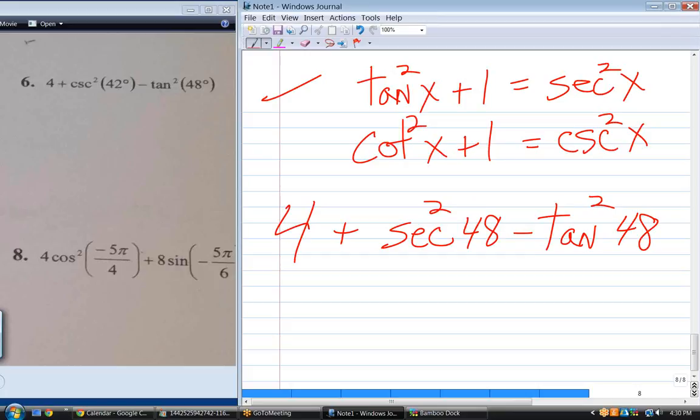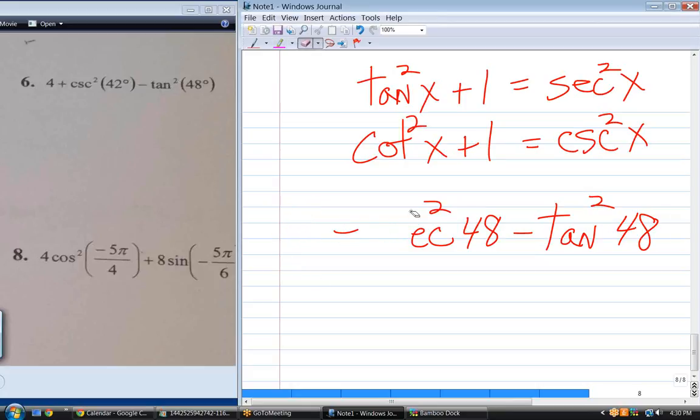This really is very similar to verifying trig identities, which is what you usually do next. This might just be a preliminary way to get you to do that. Because when you're verifying trig identities, you frequently run into these things in this manner. Okay, so plus 1 means the answer is 5, okay?